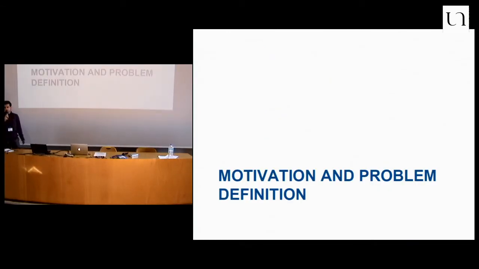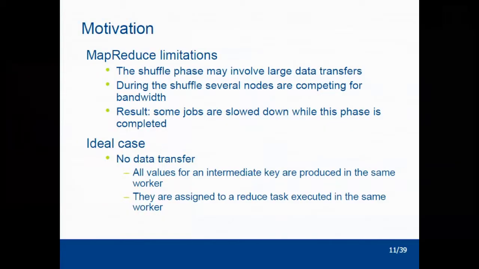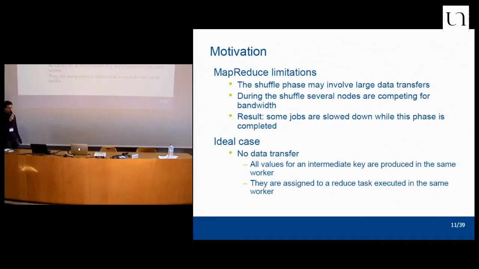So now we have seen more or less how MapReduce works. We will point out the limitations and motivate our work. One of the limitations of MapReduce is that in the shuffle phase, we may have to perform a lot of data transfer through the network in order to transfer the information from the map tasks to the reduce tasks.